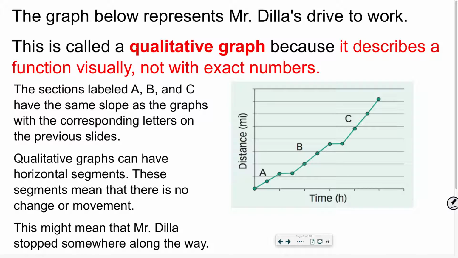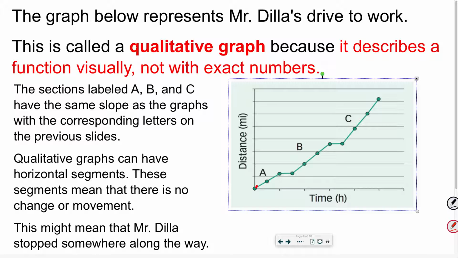So what do you think is happening right at this point? He started up his car, but what's happening? Yeah, he didn't go anywhere yet. His distance is 0 and his time is 0. So no time has passed and his distance is 0. He has gone 0 miles in 0 hours.